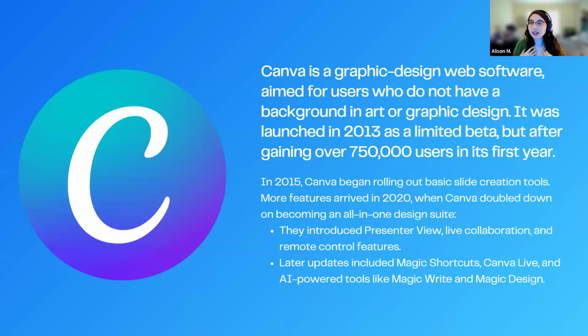So for somebody like me who enjoys creative activities but doesn't necessarily have that drawing or graphic design talent, something like Canva is awesome because I can still get a polished professional product without necessarily having the graphic design skills. Canva was launched in 2013 as a limited beta, but after gaining over 750,000 users in its first year, it has just kept growing since then.